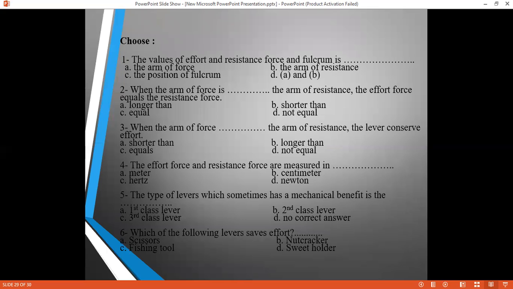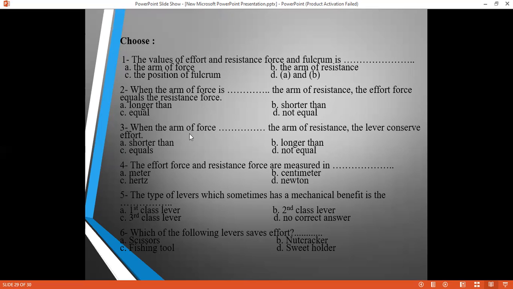Okay, let's practice. Here are the questions from the booklet. Number 1, the values of effort and resistance force are determined by the arm of force, the arm of resistance, or the position of the fulcrum, or A and B. Yes, as they said, the value of effort and resistance is determined by the arms of force and resistance. So it will be D. Next question.